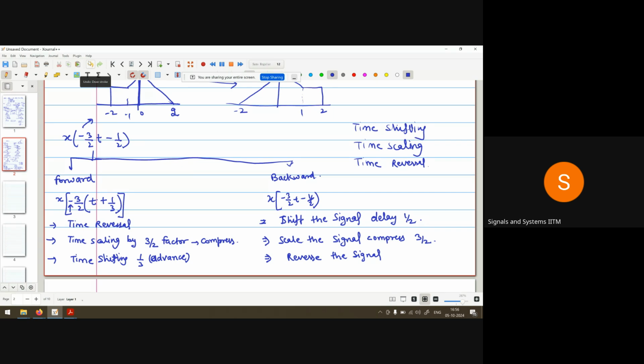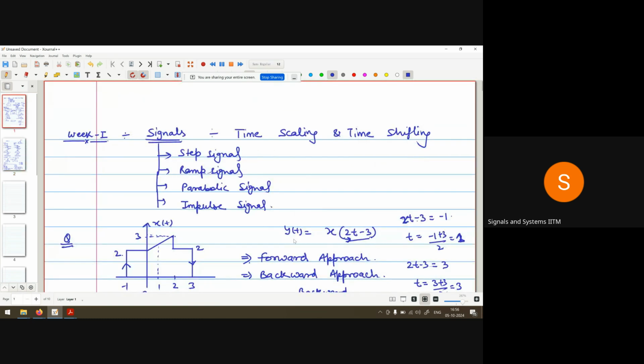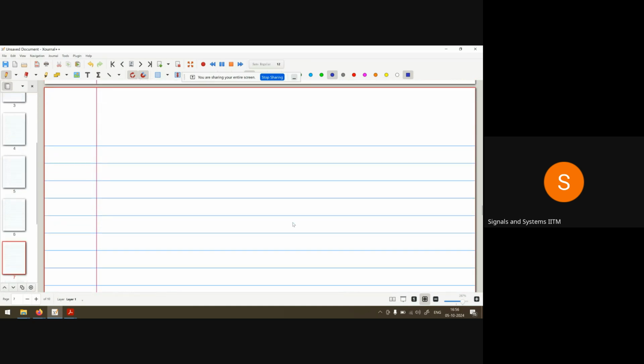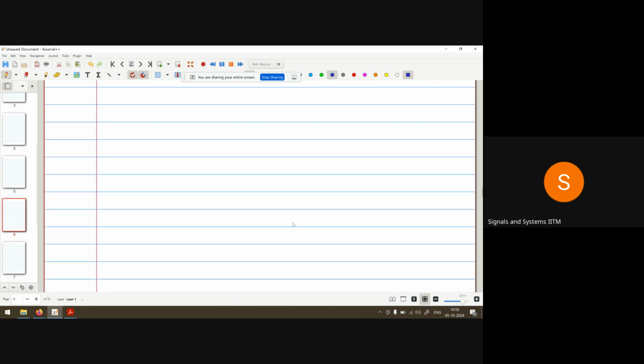Now draw the signal according to these three steps, and you can check whether the answer is correct or not. After that, verify it through the quick method that we discussed in the first question: check the starting point and ending point against the time signal, so you can check that your answer is correct.